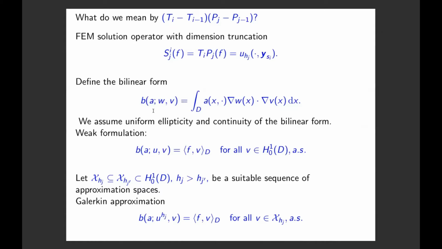I'm not listing all these assumptions here. You can find them in the paper, but for instance, we assume uniform ellipticity and continuity of the bilinear form. Then we have the weak formulation of the problem, namely the bilinear form evaluated at U and V should be equal to the inner product of F with V for all V in this space H01D.